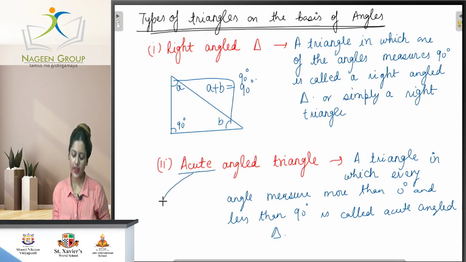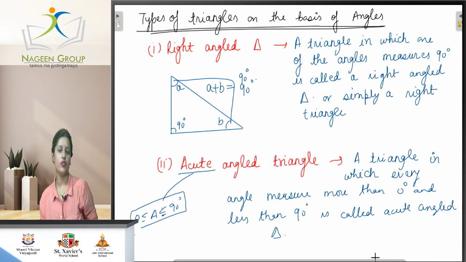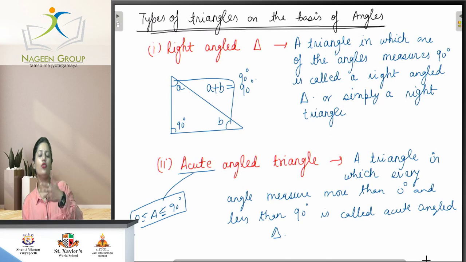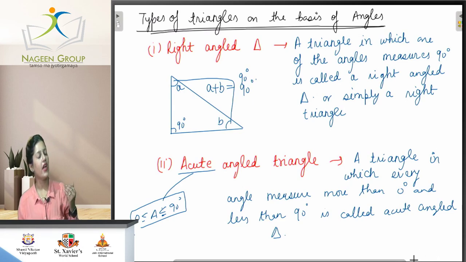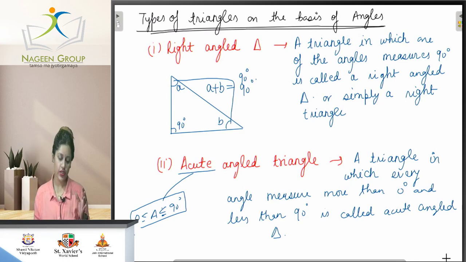Acute means an angle that is greater than 0 and less than 90. This is known as acute angle. So an acute angled triangle means a triangle in which every angle is less than 90 degree and greater than 0 degree.